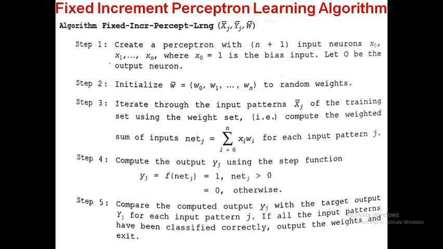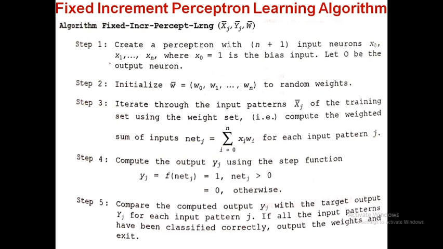In step 3, iterate through the input patterns xj. J can be any number of sets. If it is the first set, x1 set, in that case xj1, xj2, xj3 is the first set of inputs.